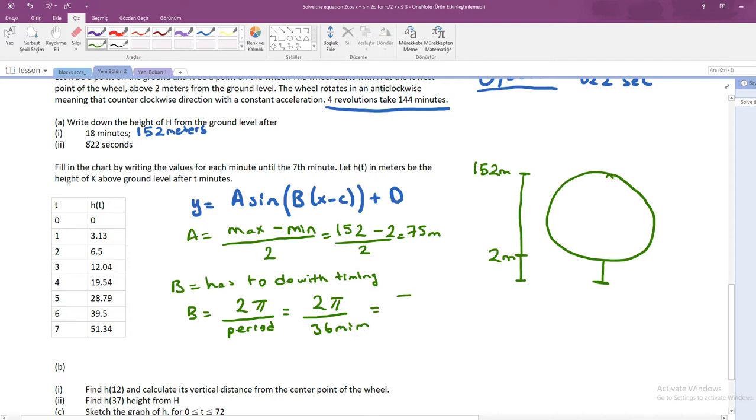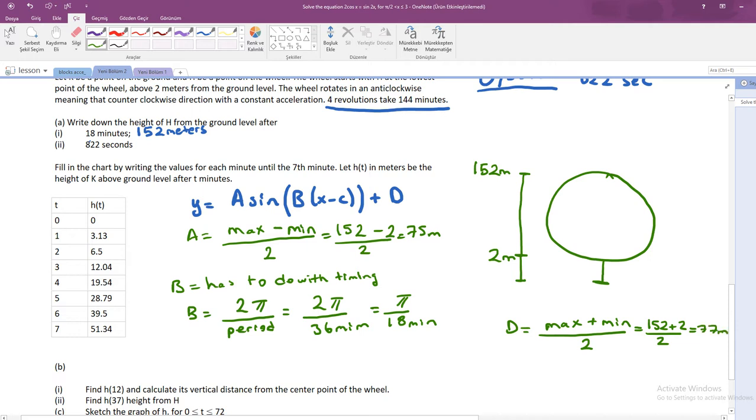And we can write that like this, pi over 18 per minute. And for D equals maximum point plus minimum over 2. That equals 152 plus 2 over 2, which means 77 meters, okay?